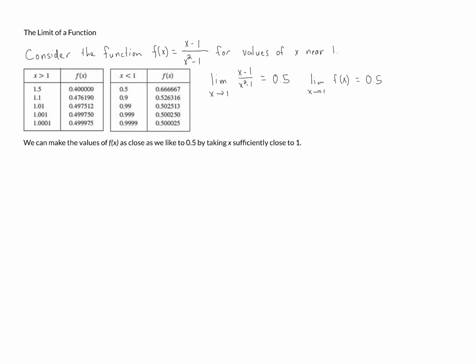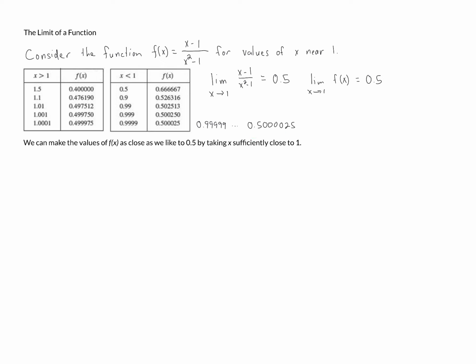Now, if we were to continue with this table of values, and we were to pick, for example, 0.99999, if we were to add an extra 9 to the end of that, what's going to happen is we're going to have an extra 0 in the middle, 0.5000025. And what's going to happen is the function value is going to get even closer to 0.5.